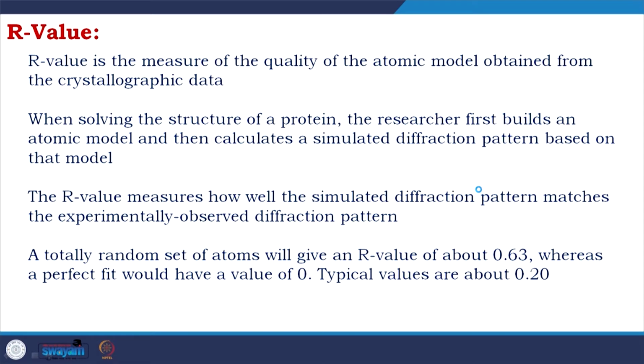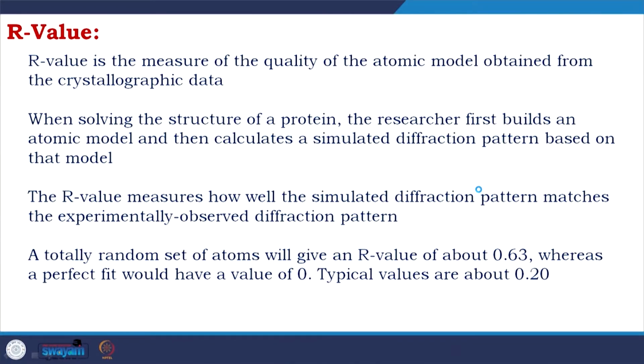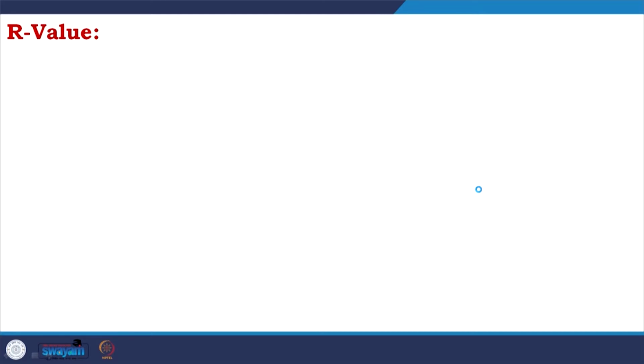You start from some point in the 0.6 to 0.7 range, but perfectly it should be 0. Practically, if we compare already solved crystal structures, it is around 0.2, but it varies with the resolution. Okay, we will talk about that.